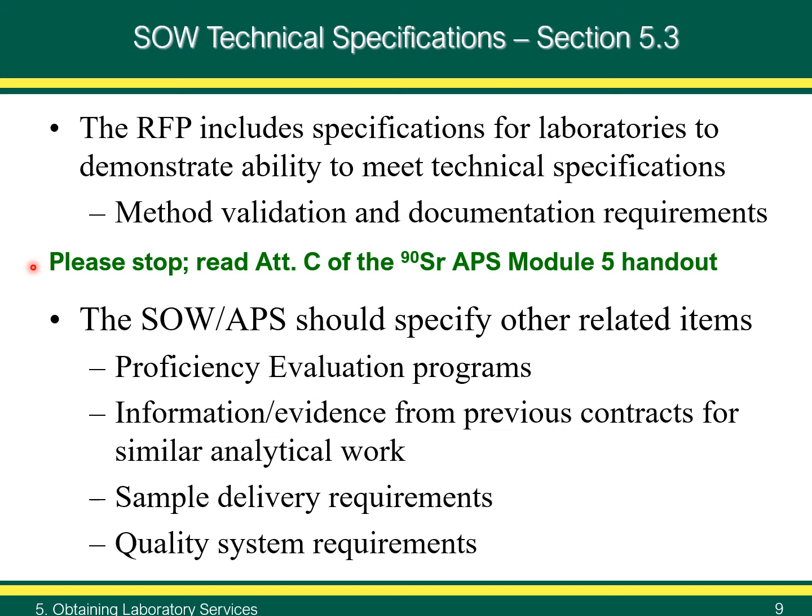If, however, the laboratory must modify or develop a method that can address the milk matrix, for example, more extensive validation, such as that specified in levels C, D, or E, may be required. We'll discuss method validation in more detail in Module 8.